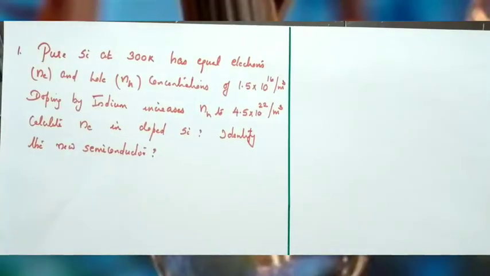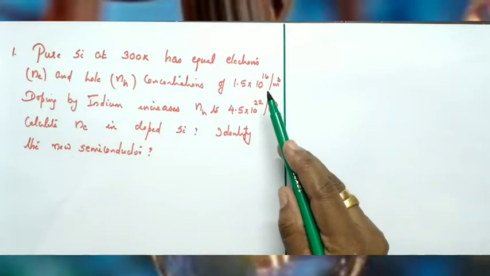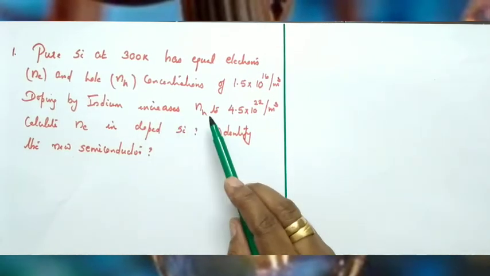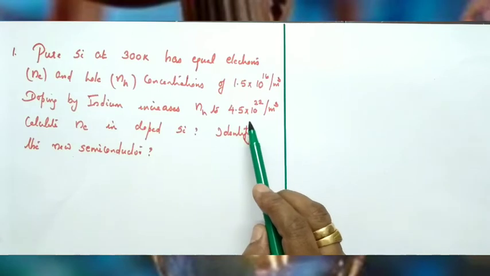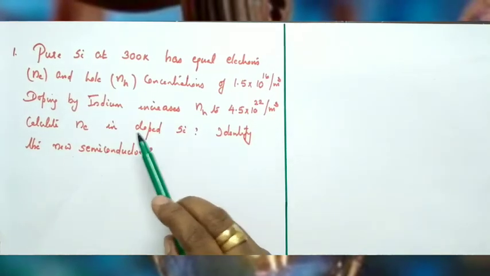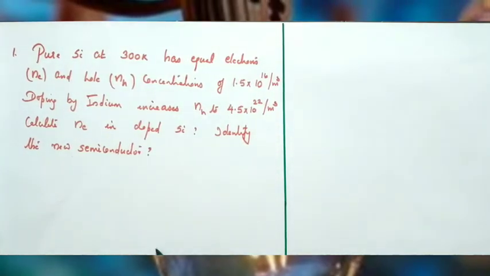Numerical. Pure silicon at 300 Kelvin has equal electron and hole concentration of 1.5 into 10 raised to 16 per meter cube. Doping by indium increases NH to 4.5 into 10 raised to 22 per meter cube. Calculate Ne in doped silicon and identify the new semiconductor.